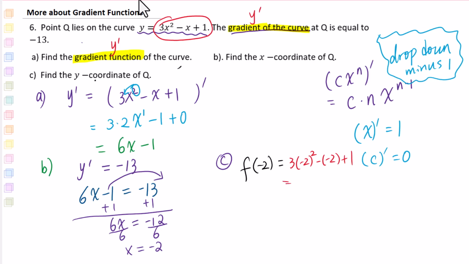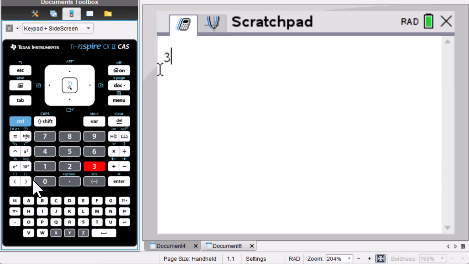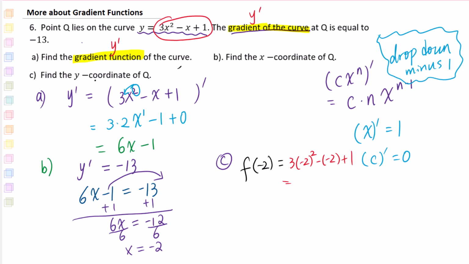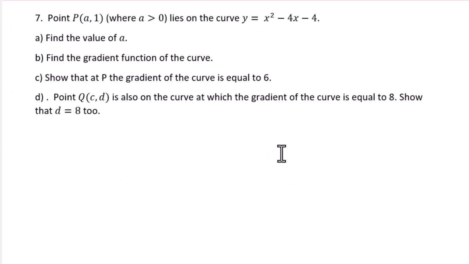Go to calculator. 3 times negative 2 squared minus parentheses negative 2, then plus 1. Enter. We got 15. Let's go to question 7.